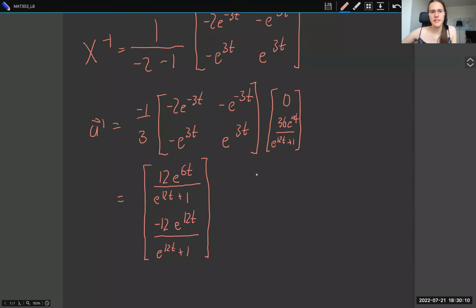So as a consequence, what U1 is equal to, it's the integral of 12e to the 6t divided by 12e to the 12t plus 1 dt. And what substitution do I make here?